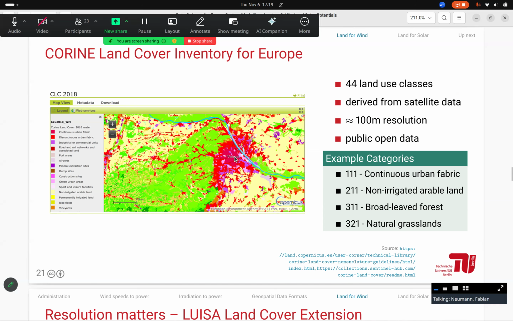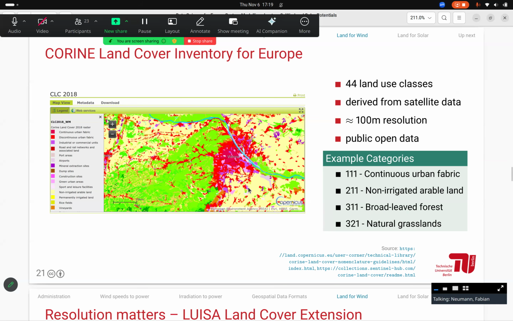So here's an example of Vienna. In red you have a category called continuous urban fabric, a very technical term for the built-up area, the city area.